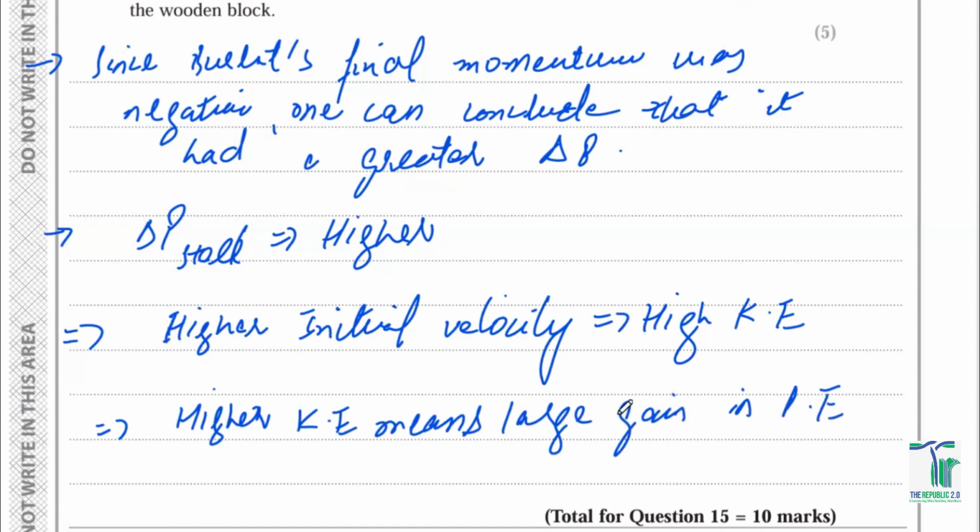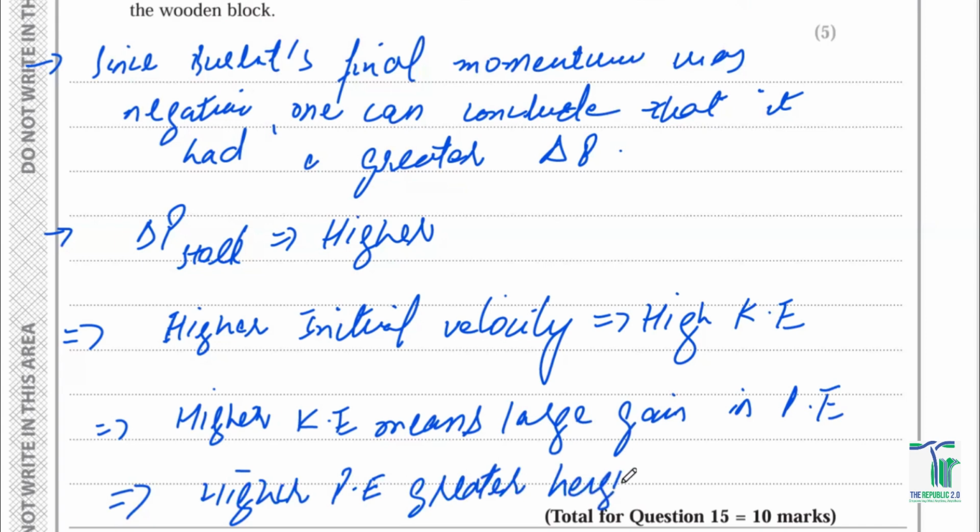And higher potential energy means greater height gained, right? So that is why the steel block moved a greater height compared to the wooden block.